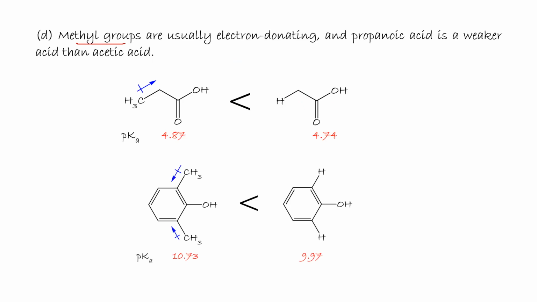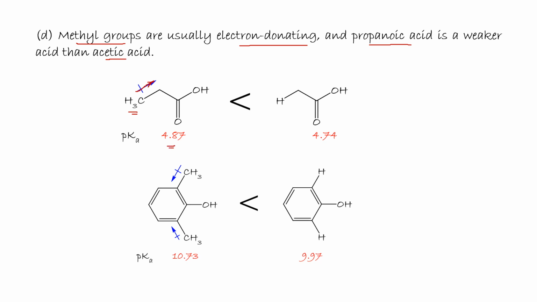Methyl groups are electron donating. That's why propanoic acid is a weaker acid than acetic acid. So again, by induction, the methyl group will destabilize the carboxylate ion, making it a weaker acid.